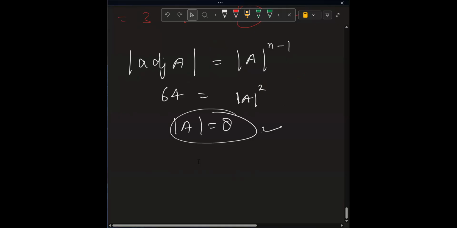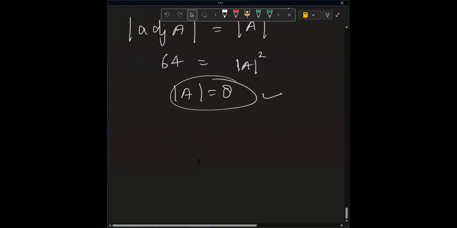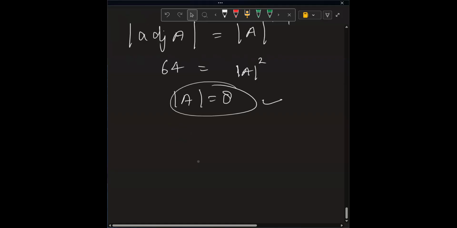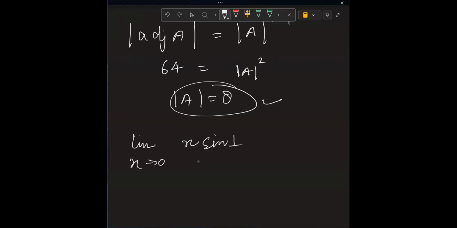Then you have to find if this is continuous or not. So let's check continuity. Limit x tending to 0 of x sin of 1 over x, multiplying x dividing by x.